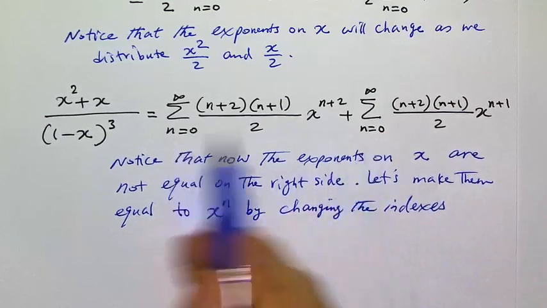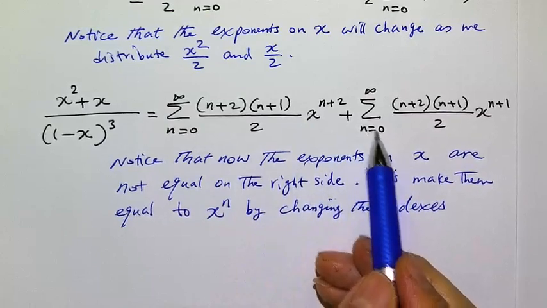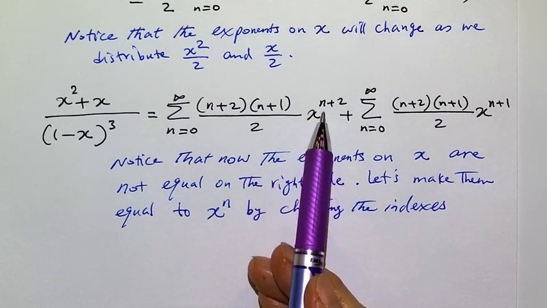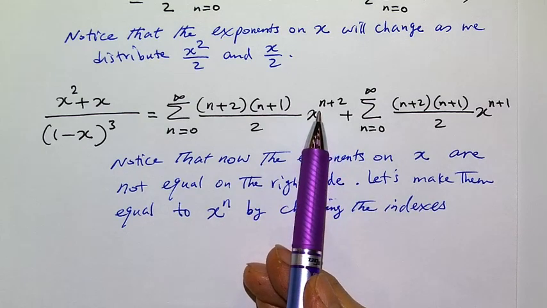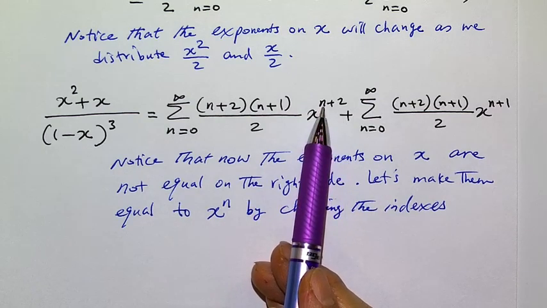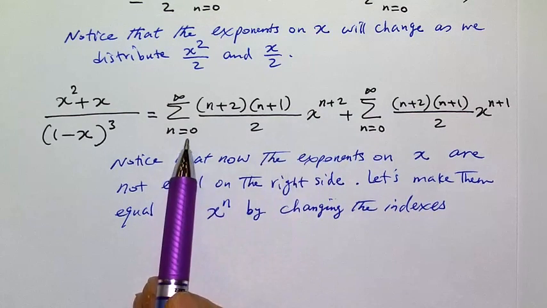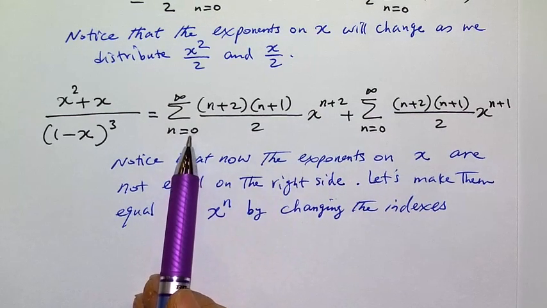The indices being these values, n as n changes from 0 to infinity. So if we want to get x to the n power here, we'll have to increase this by 2.